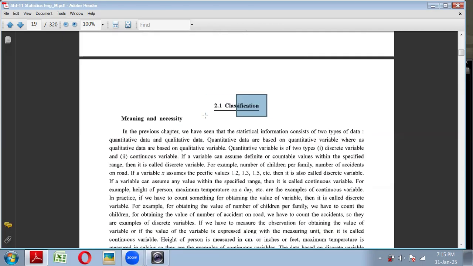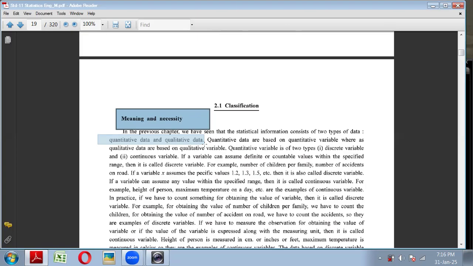First of all, let's know what is the meaning of classification. What is the meaning and why it is necessary? Basically, the data which we collect can be of two kinds: quantitative data and qualitative data. Quantitative data means the data which are in numbers, or which represent something quantitative.